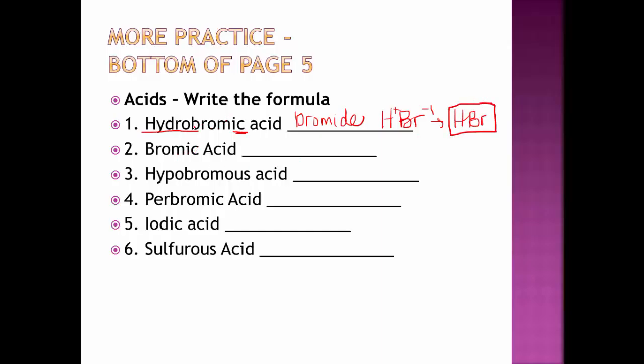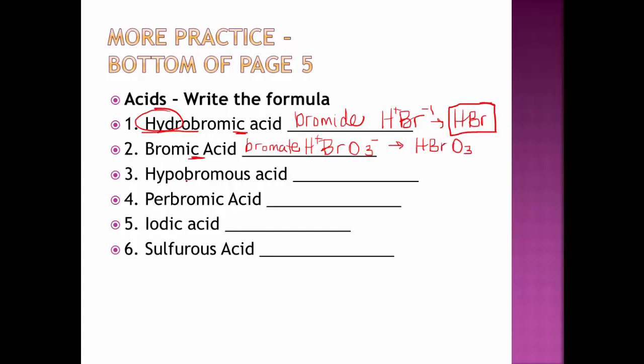This sounds kind of similar, hydrobromic versus bromic, but obviously this one had the hydro in it and this one doesn't. This one's just the ic, okay? So this one is I ate it and it made me sick. So this is going to be from bromate, the ion. Bromate is BrO3 minus, and we're going to pair that up with H+ and get HBrO3.